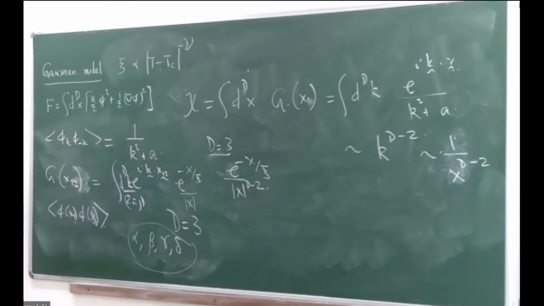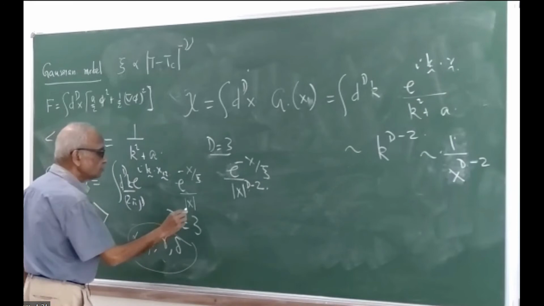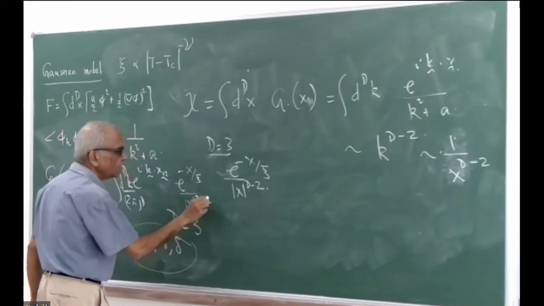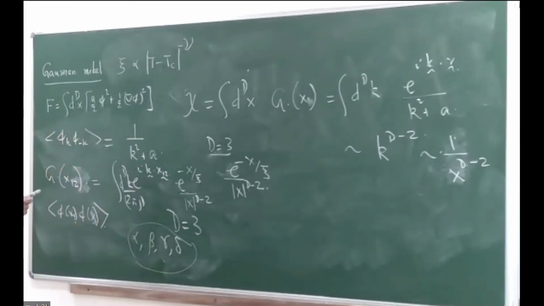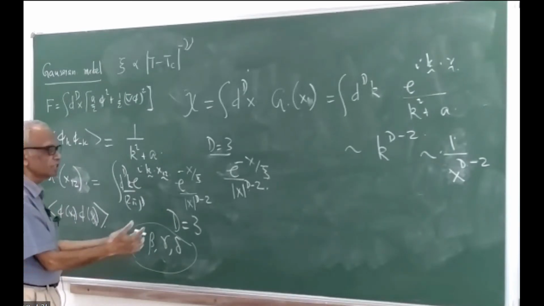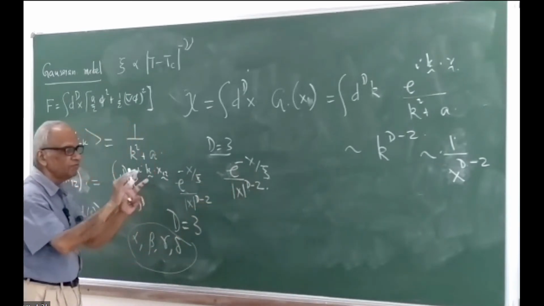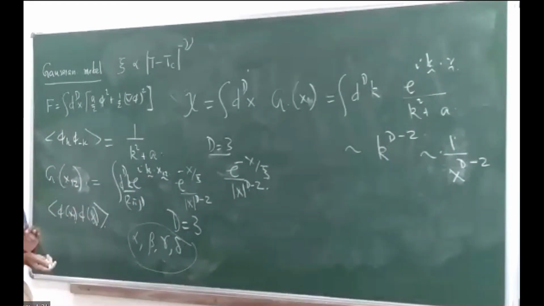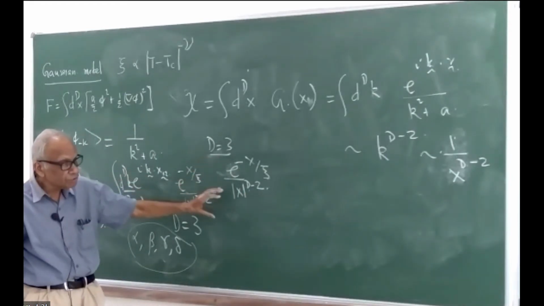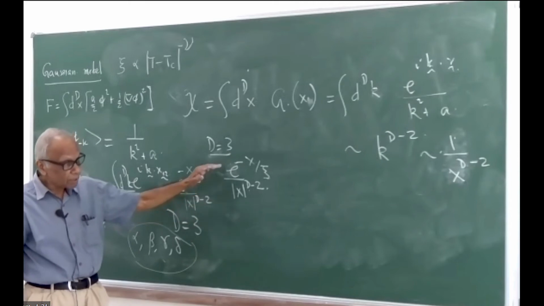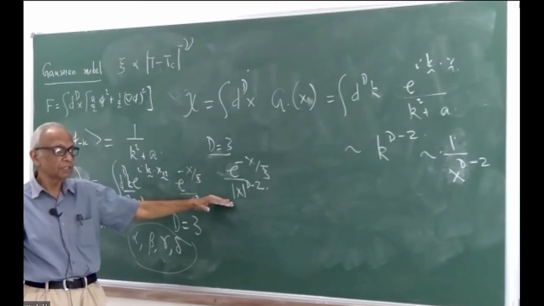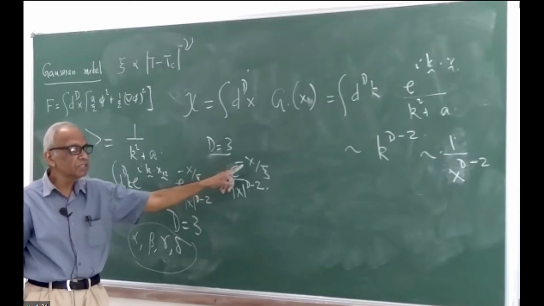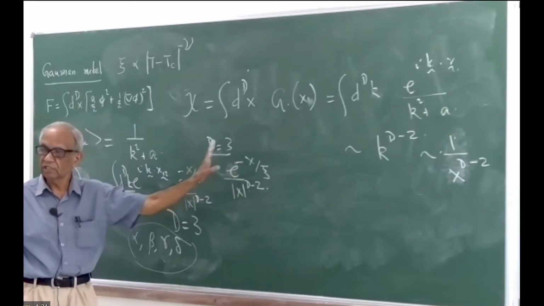This is all for power counting. The exact form of the integral would be very different, and I'm not bothered with that. I'm just power counting. The power has to be 1 over x to the power d minus 2. The rest of it has to be a function of x over xi, which has no power.